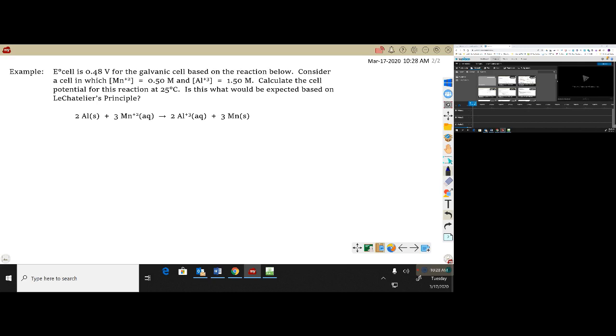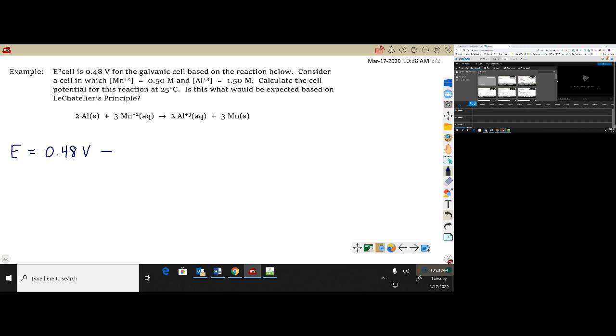Okay, so we got to plug all this stuff in. Here's what I got. E, my new cell potential under non-standard conditions, equals my standard cell potential, 0.8 volts. Volts is totally an acceptable unit, minus lots of stuff.